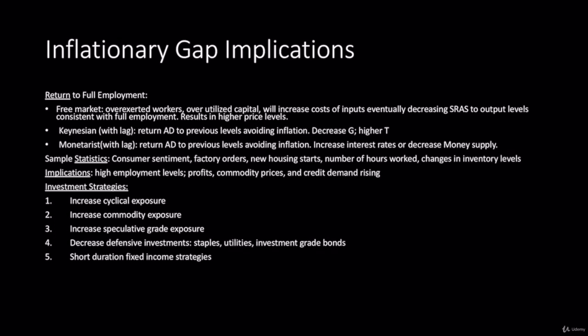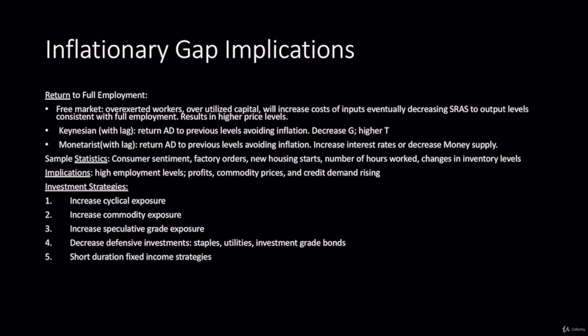So increase cyclical exposure, because we're expecting the short run profits to be above full employment levels. And we would increase commodity exposure because overall price levels are increasing. Increase speculative grade exposure, because speculative grade, risky businesses that have fixed income, because they're riskier in general, offer higher yields, but because the economy is growing, are likely to be safe bets in the short term.